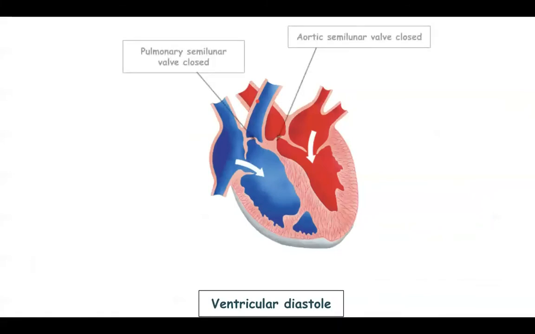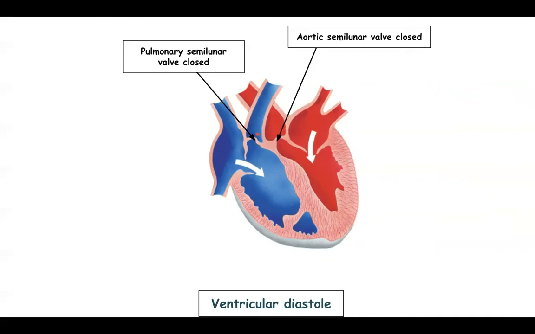In ventricular diastole, this is a stage when the filling of ventricles takes place with blood. So the auricles will release blood which will directly enter into the ventricular chambers, and any blood which now tries to backflow, because the blood has already gone into the pulmonary artery and the aorta, any blood which now tries to come back from them into the ventricle is prevented from doing so by closure of the pulmonary semilunar valve and the aortic semilunar valve.